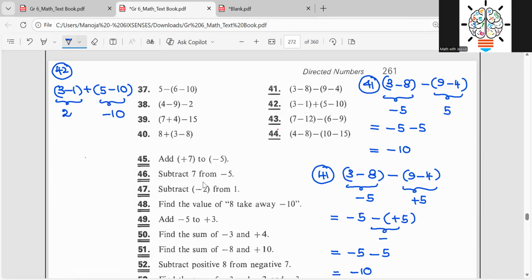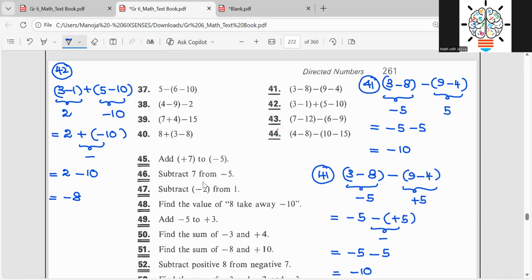Minus 10. Now I'm going to rewrite this, 2 plus minus 10. Then positive and negative, it is negative. Then I have 2 minus 10. The answer is minus 8.